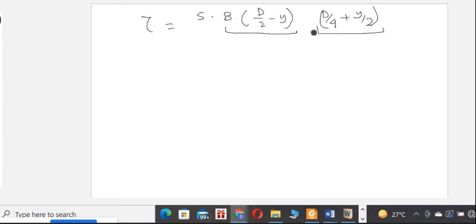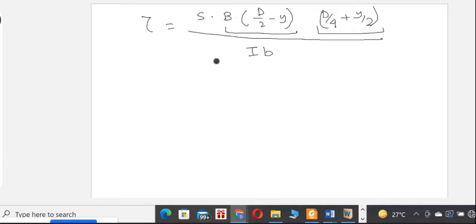So tau equals S into B into d by 2 minus y, that is the A part, and d by 4 plus y by 2, that is the y bar part, divided by I into b.